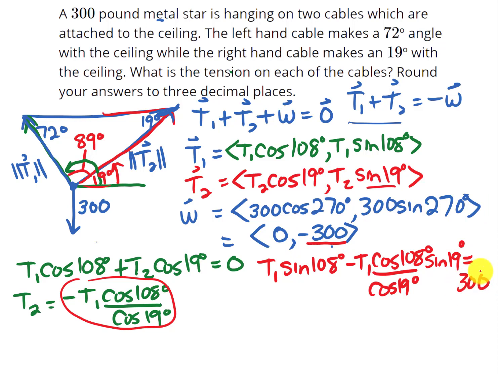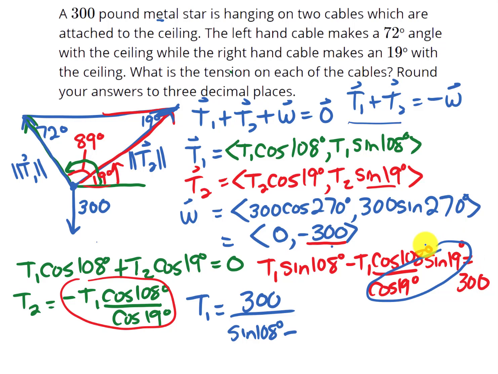Let's move back over here where I've got space. We could factor out the T1, so we could solve it for T1, and we would have 300 divided by, with the T1 factored out in front, sine of 108 minus, and I'm just going to write these as tangent, cosine of 108 tangent of 19.